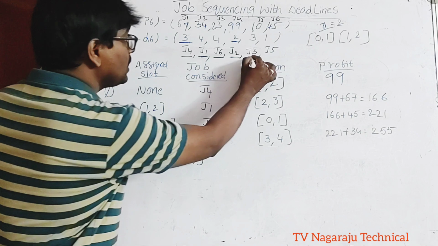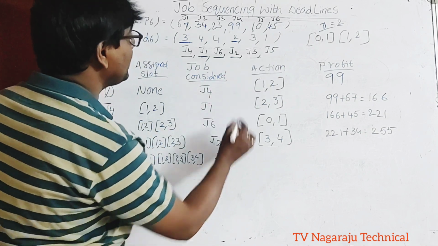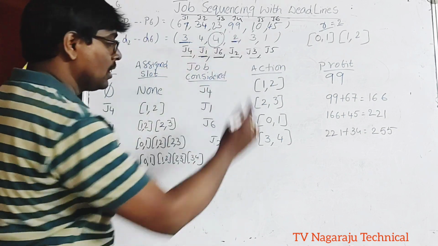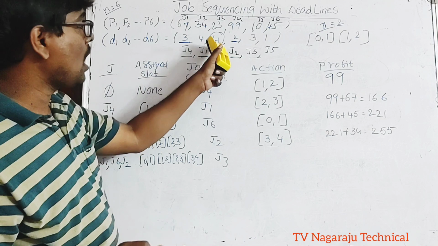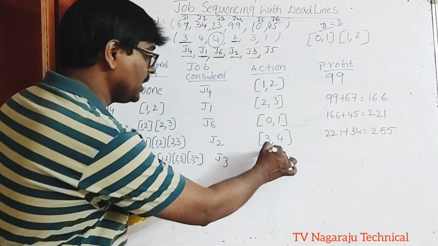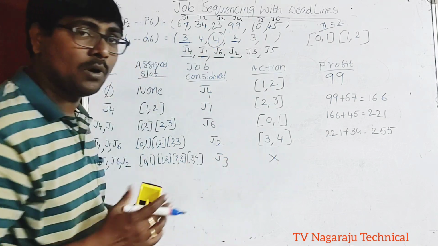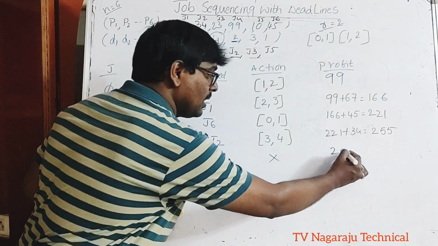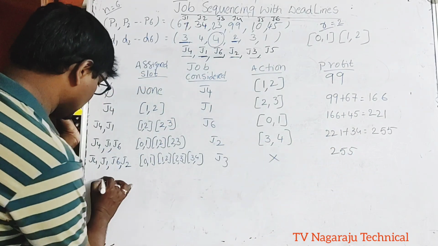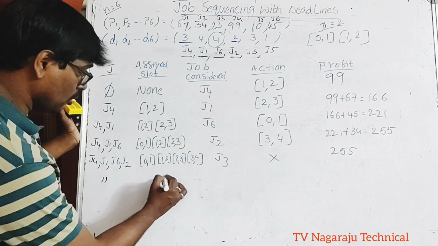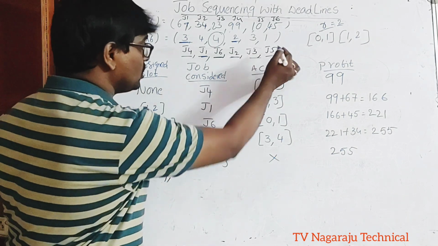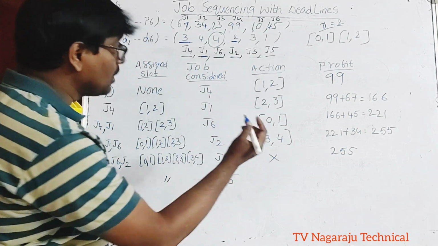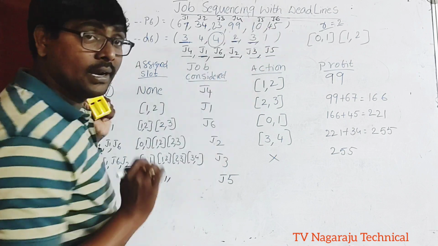Now which job? J3. What is the deadline for J3? 4. Which slot? All the 4 slots are completed, so it is not possible to execute J3. So you are not getting any profit. The same applies to J5. What is the deadline? 3.